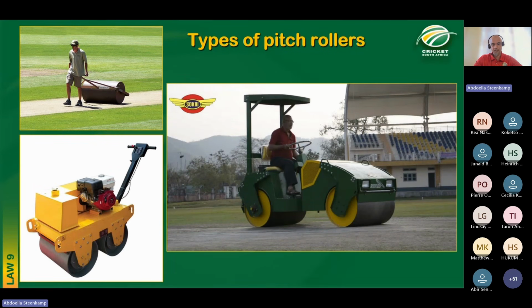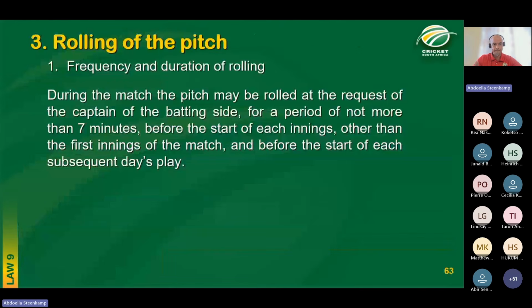Some grounds will only have 2 rollers available, some only 1 roller, depending on what's available at the ground. But if you do have more than 1 roller available, like in test matches, this is how it practically works.